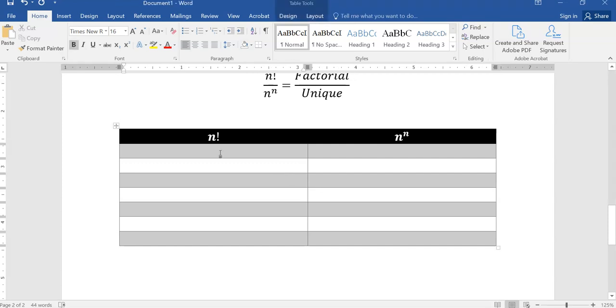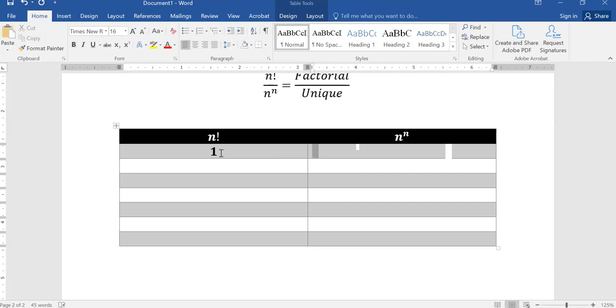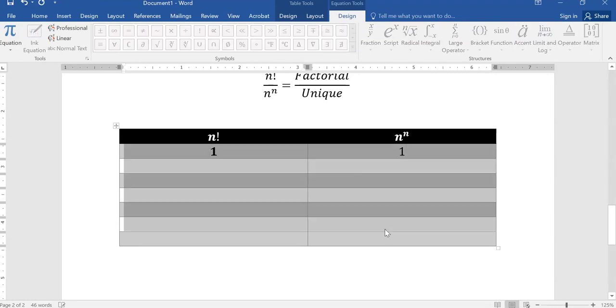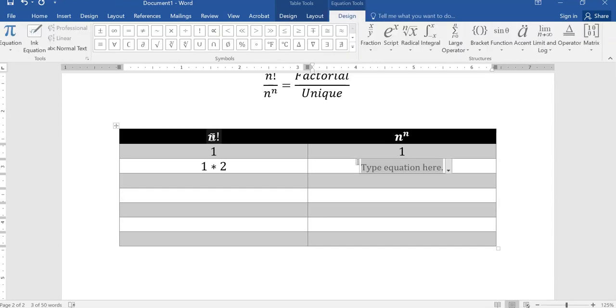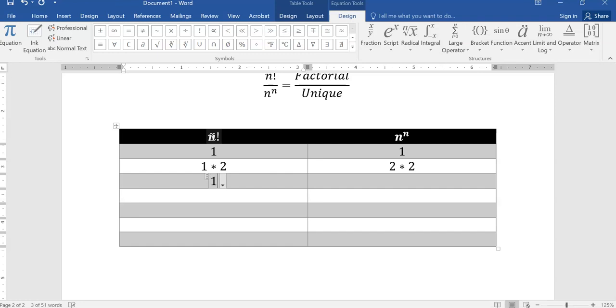Now, you'll see very quickly that in n factorial, if I plug in 1, you just get 1. For n to the nth, if I plug in 1, you just get 1 to the first power. If you plug in 2, you get 1 times 2. If you plug in 2 to n to the nth power, you get 2 times 2. If you plug in 3 to n factorial, you get 1 times 2 times 3.